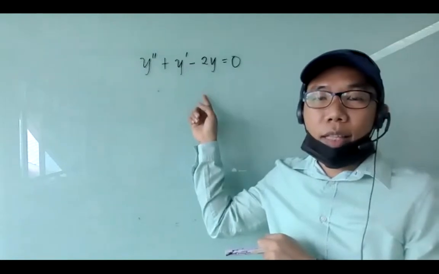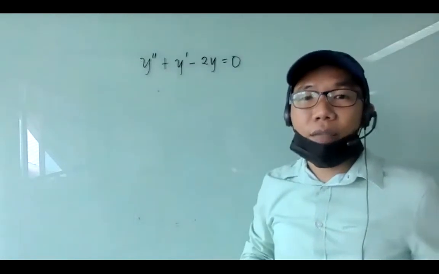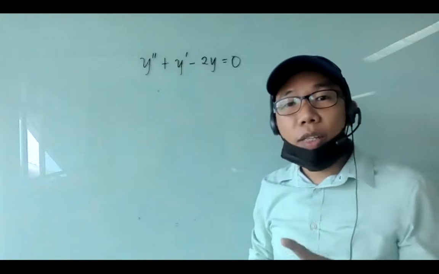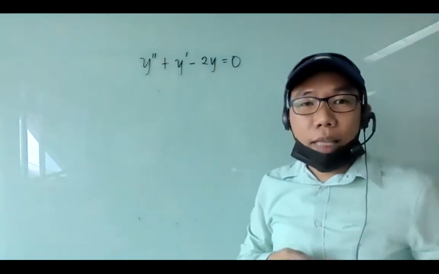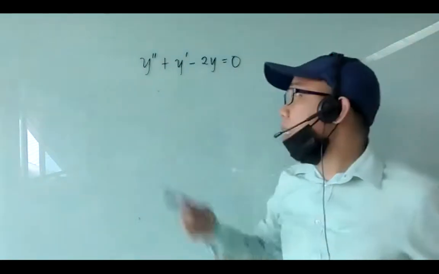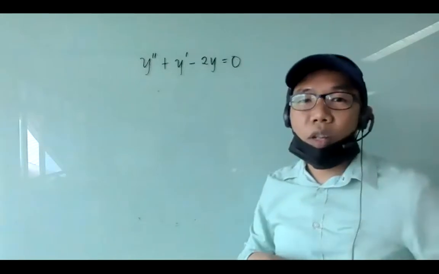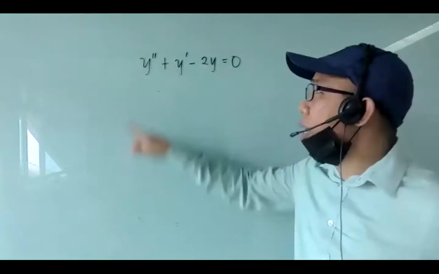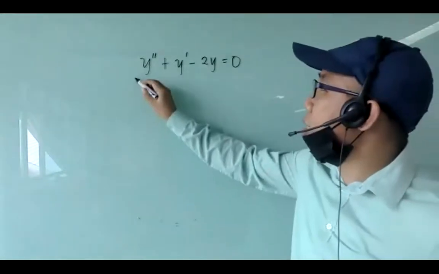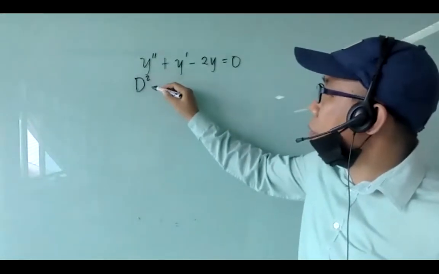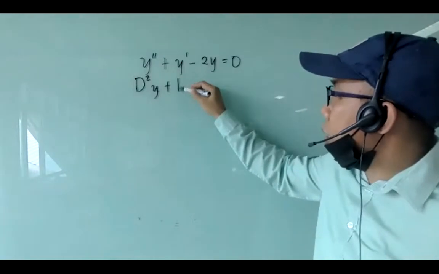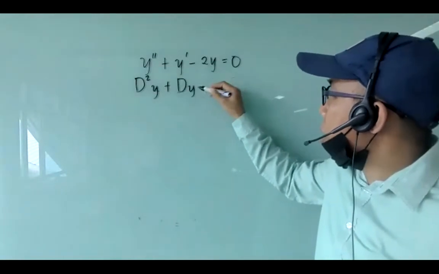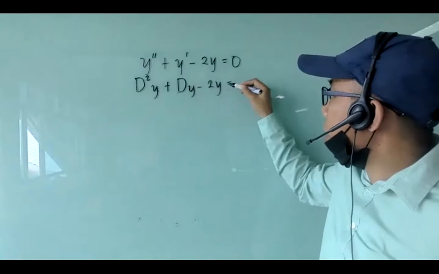Itong equation natin is second order differential equation. Bakit second order? Dahil yung mataas na derivative na present is second derivative. So, paano natin isusulat into a D operator notation? So, ang mangyayari, di ba, y double prime is just equal to D squared y plus Dy minus 2y equal to 0.